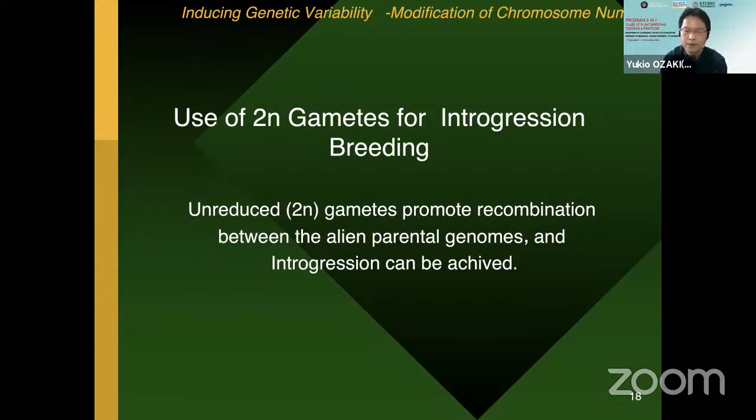Whereas artificially induced allopolyploids have fixed heterozygosity, sexual polyploids lack these characteristics, and hence recombination occurs between the alien parental genomes. Also, because of recombination, introgression can be achieved.